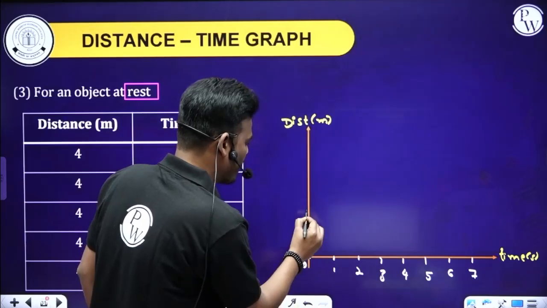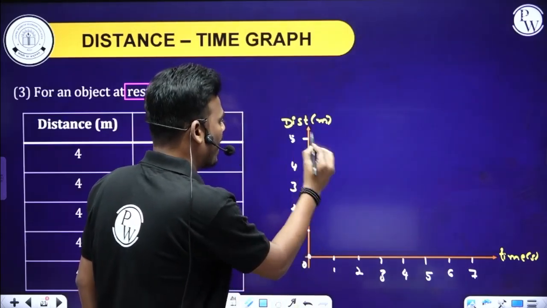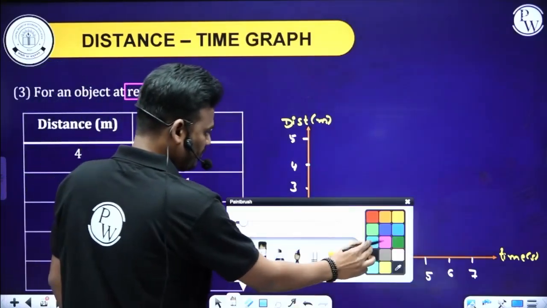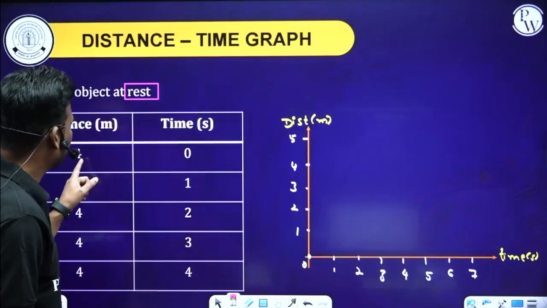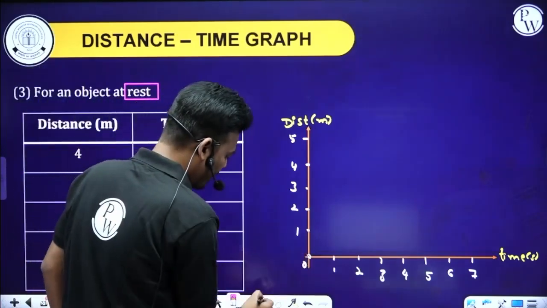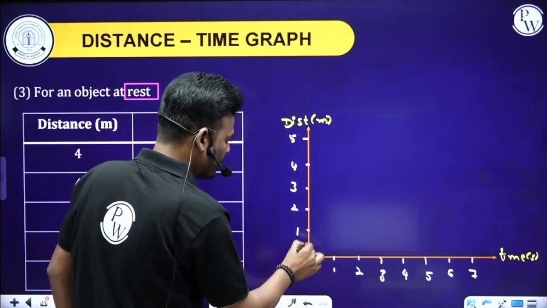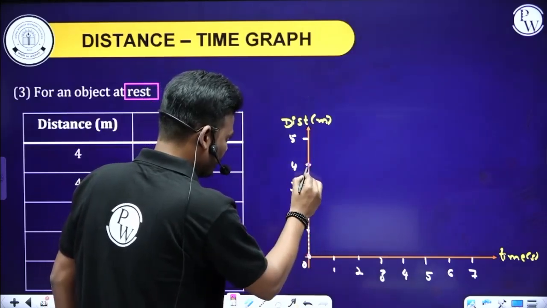Therefore 1, 2, 3, 4, and 5 meters. Now, according to the data, at 0 seconds, the distance is 4 meters. Yes, the first point is here.